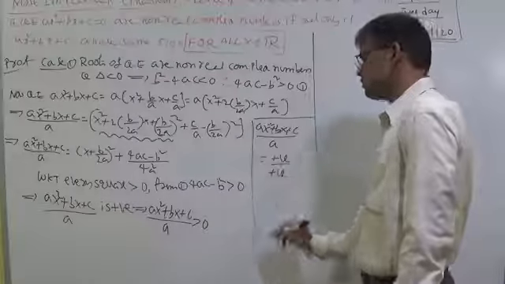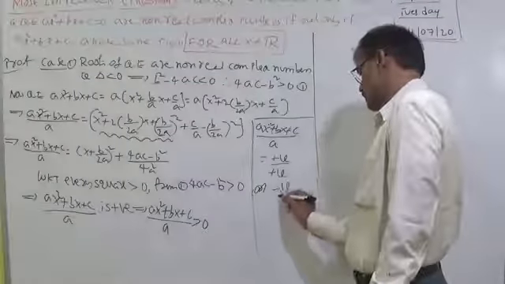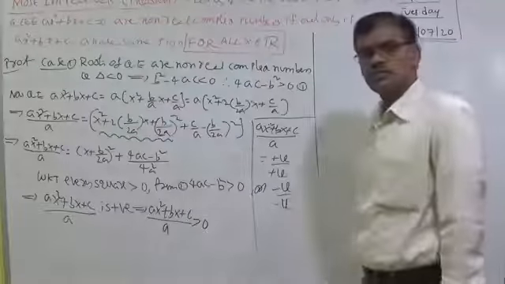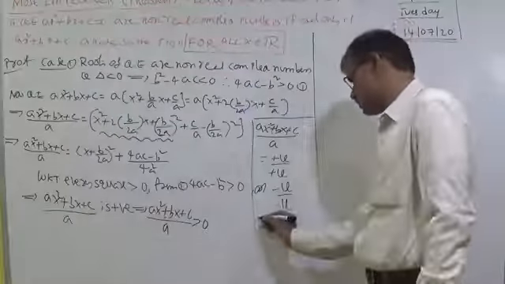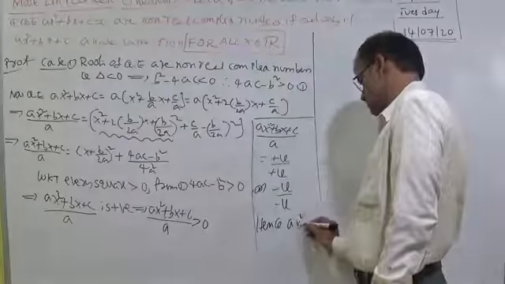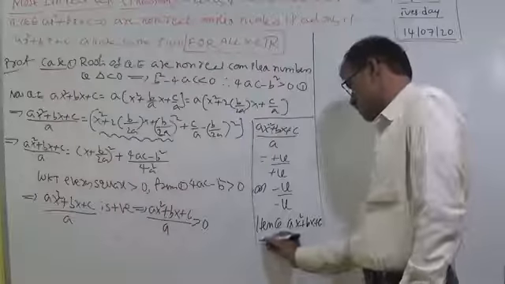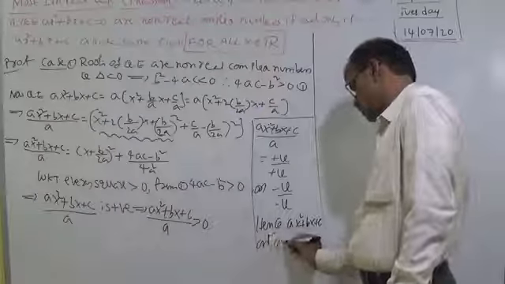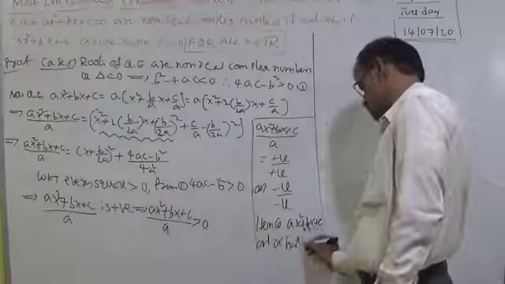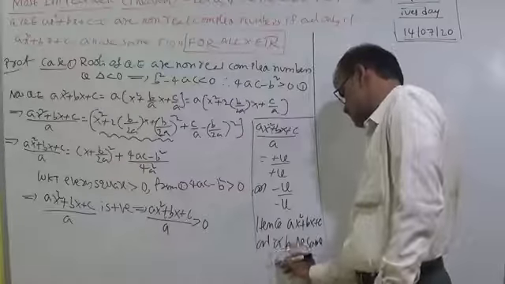Students, positive by positive becomes positive, or negative by negative, which is also positive. Hence, you can write ax square plus bx plus c and a have the same sign.